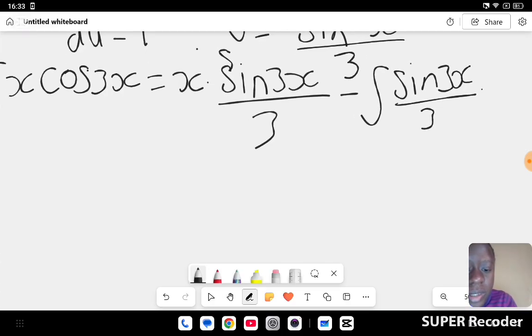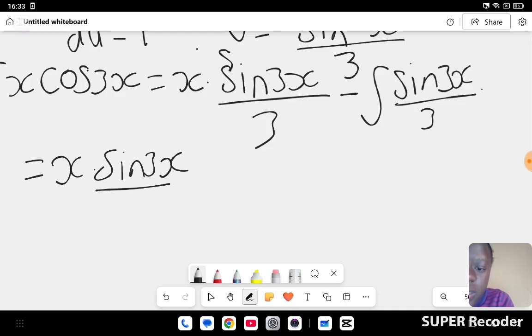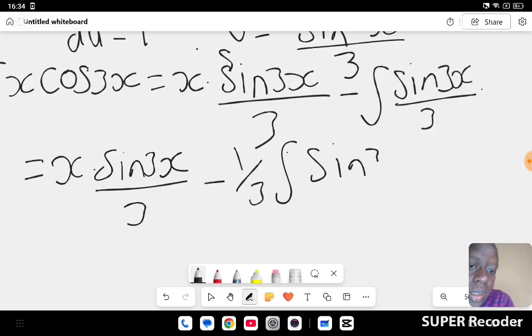Then x sine 3x divided by 3 minus, let's take the coefficient there to be the integration of sine 3x multiplied by dx.